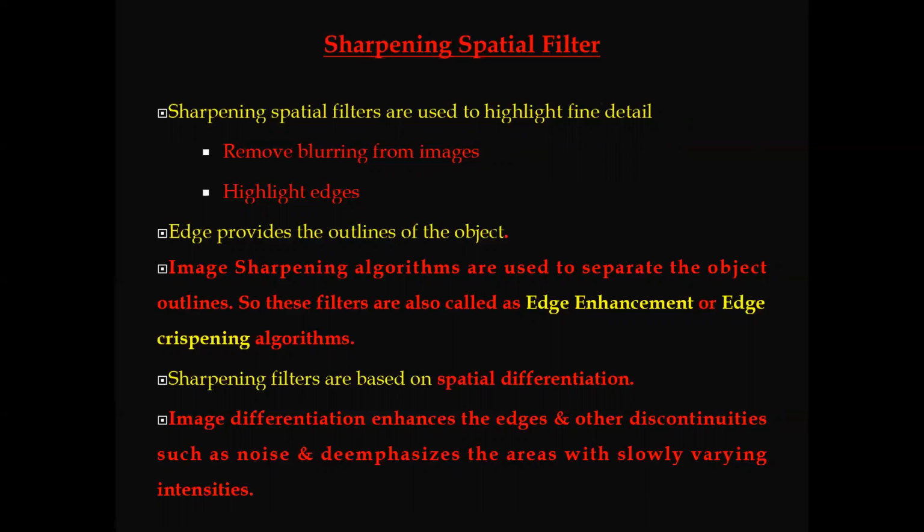Edges provide the outline of the object, so we always need to highlight the outline of the object in an image. Image sharpening algorithms are used to separate the object outlines. So these filters are called edge enhancement or edge crispening algorithms.